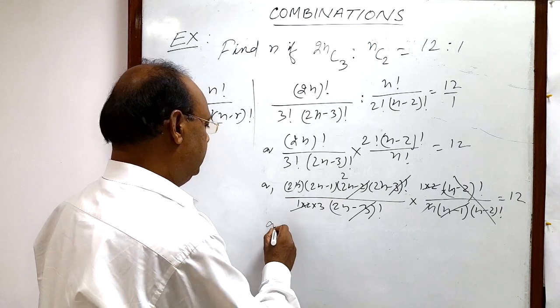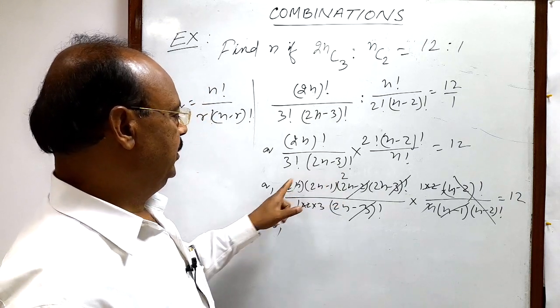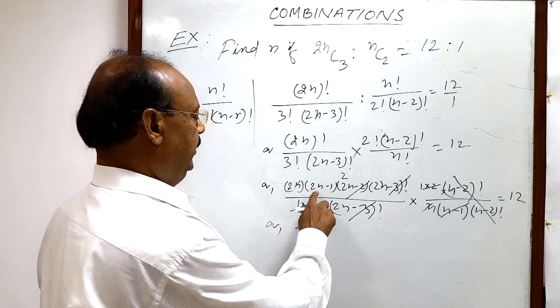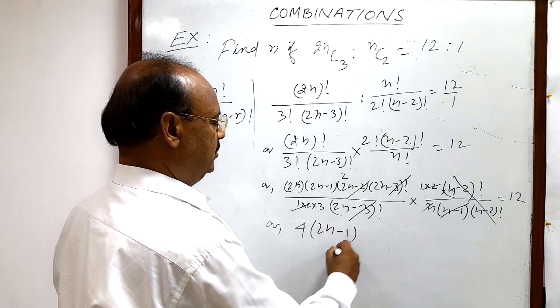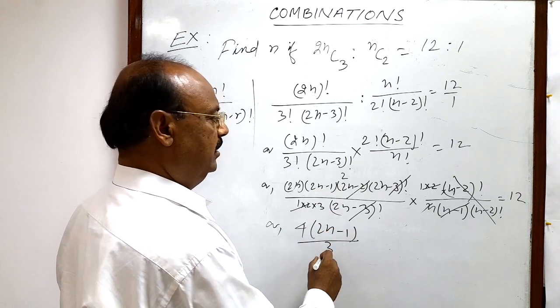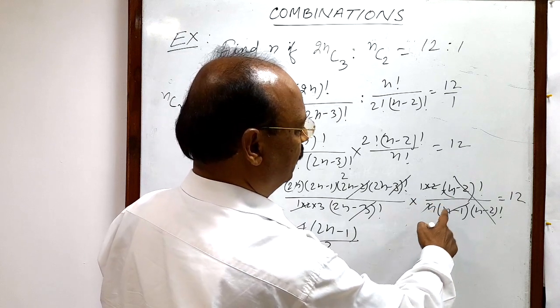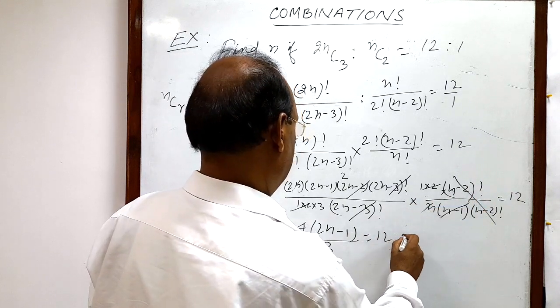So here we are getting 2 into 2, that is 4, into (2n minus 1) divided by 3, is equal to 12.